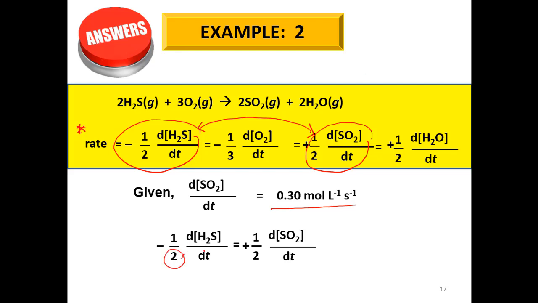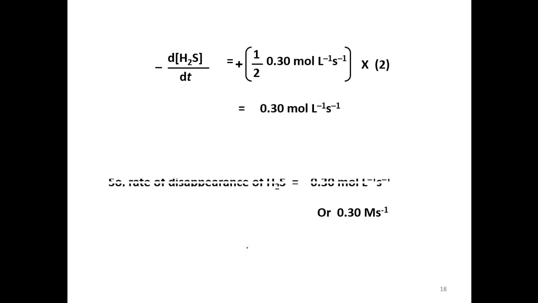Yang ni kita bawa naik ke sana, so kita akan darab 2. So rate of disappearance of hydrogen sulfide adalah 0.3 mole per liter per second. Yang negatif tu kita tak perlu pindah kat sana, sebab rate of disappearance memang dia dalam negatif. But the final answer kat sini memang kita biar dia positif. 0.3 mole per liter per second, ataupun kita boleh pakai M besar pun boleh, molar per second.